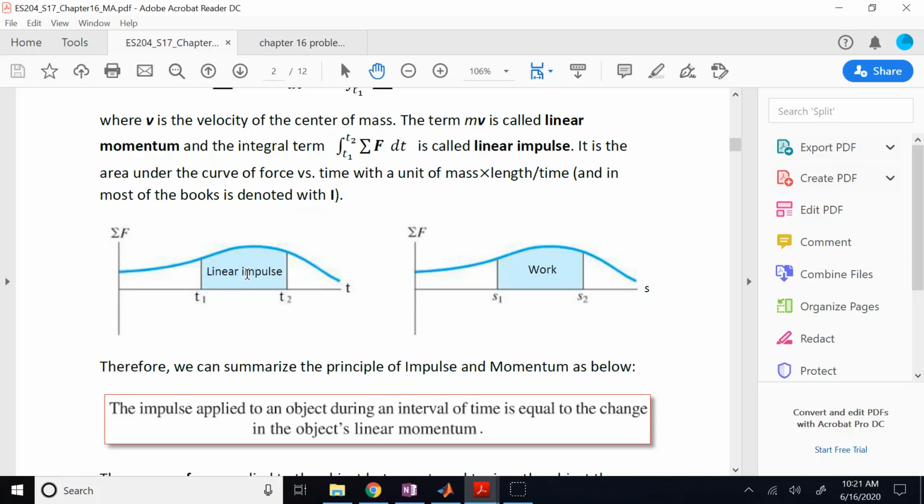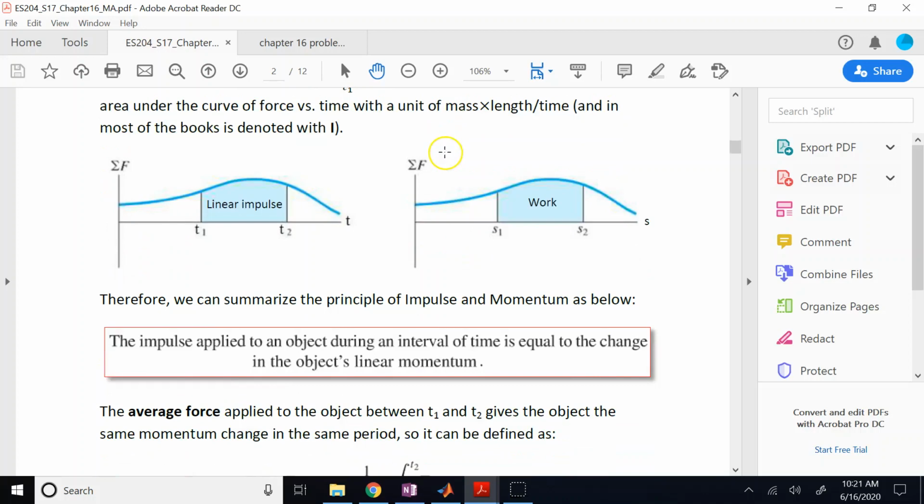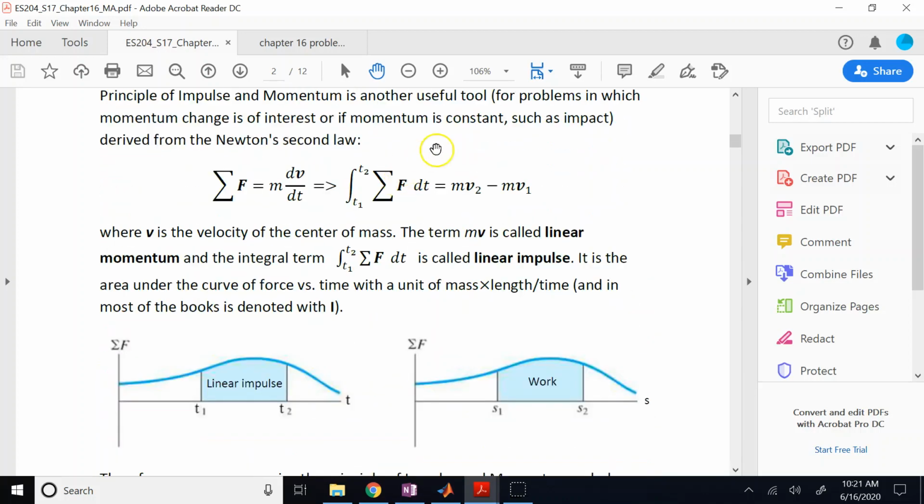Okay, and then we use this formulation for solving kinetics of particles. And you might say, well, why should we derive another formulation for kinetics of particles?